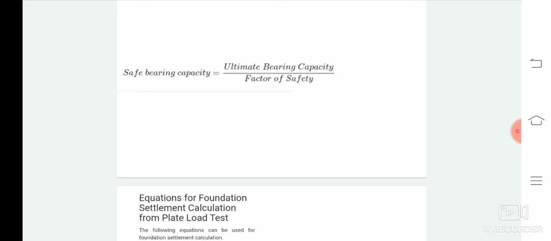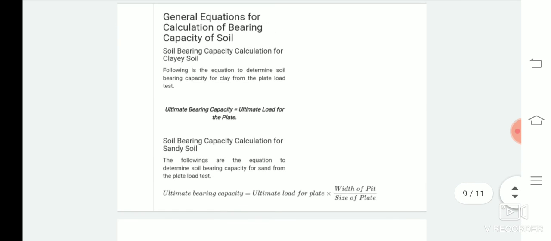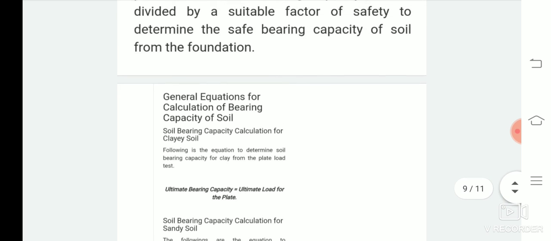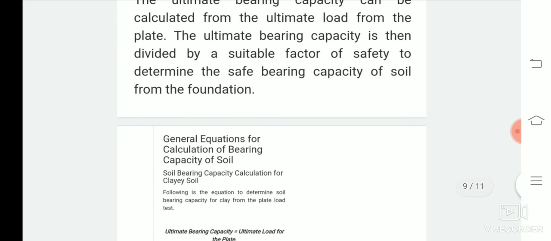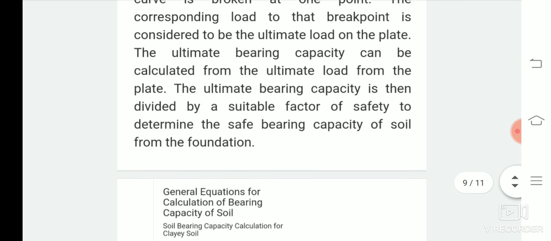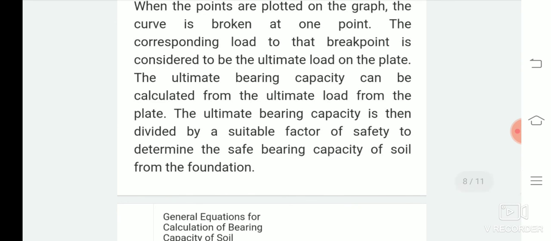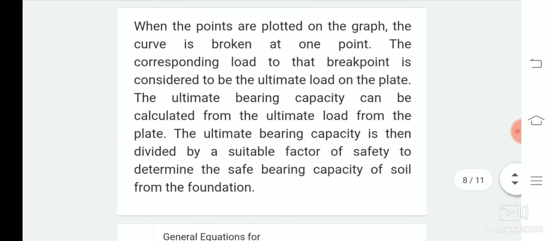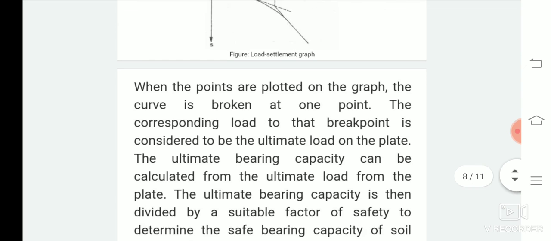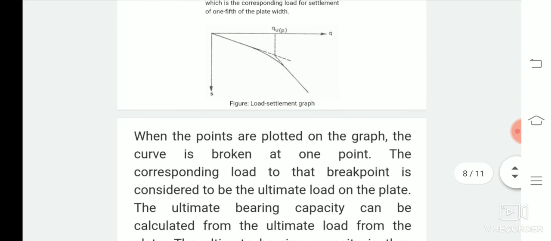The plate load test has the following limitations. The test result only reflects the character of the soil located within a depth of less than twice the width of the bearing plate. Since foundations are generally larger, the settlement and the resistance against shear failure will depend on the properties of a much thicker stratum.